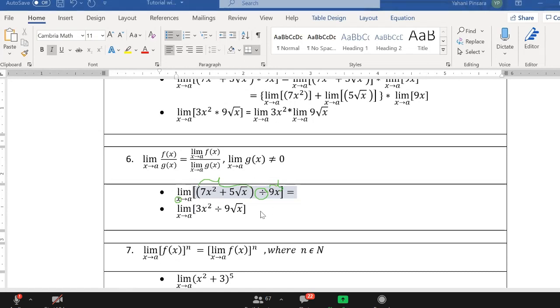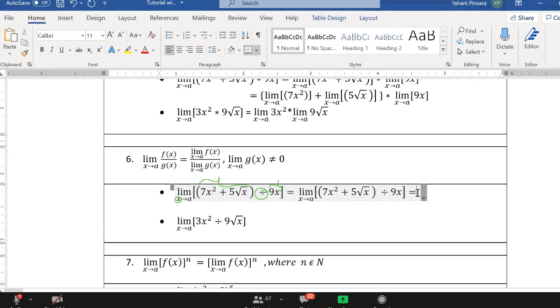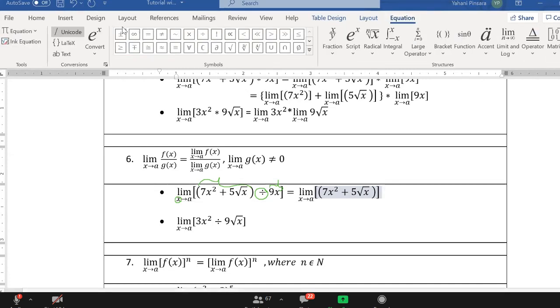So if we apply this rule, you can take this limit and divide, then the limit of 9x.